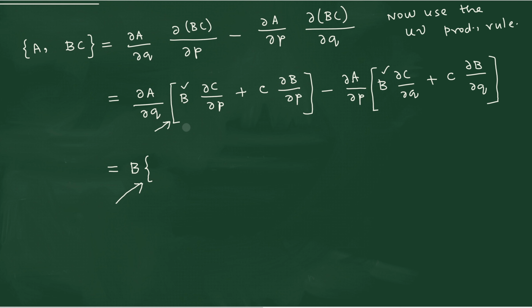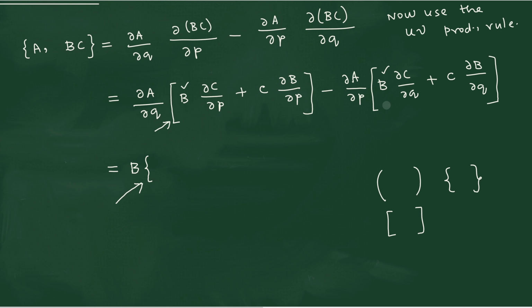Is the bracket representing a Poisson bracket or the usual simplification bracket? That kind of confusion should not come when you are performing calculations. So try to use this kind of bracket for the purpose of simplification. If you use the curly kind of bracket, you have to understand that it is a Poisson bracket, not the ordinary bracket. Please take care, otherwise there will be unnecessary confusion if I put a curly brace here.